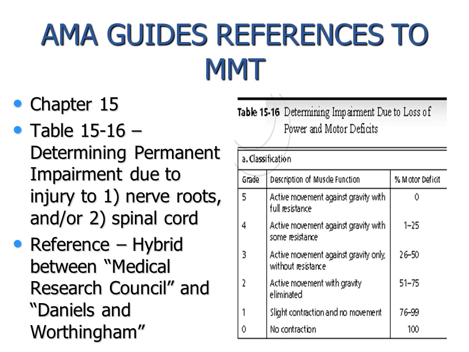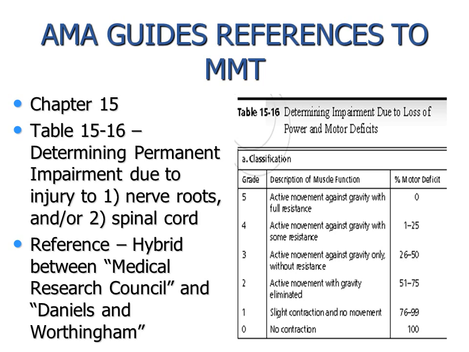So our forces here opposing the movement are, number 1, the full resistance as applied by the doctor, number 2, gravity as applied by the gravitational pull of the earth, and number 3, the weight of the limb or segment being moved. 3 items, 3 components opposing the pull of the muscle. And when that muscle is able to sustain pressure against all 3 of those components, we describe that as a grade 5, full muscle function with 0% motor deficit.